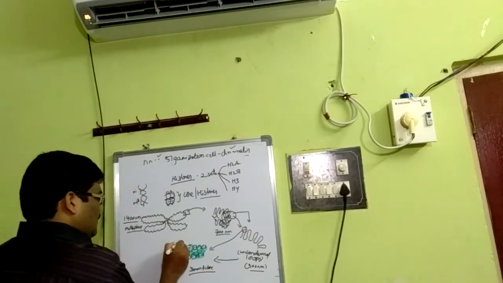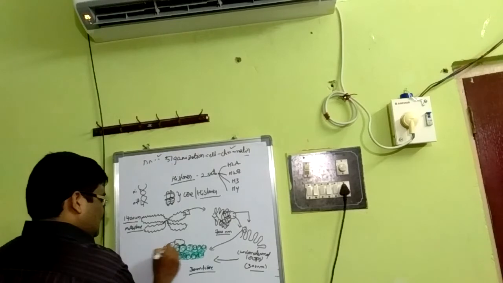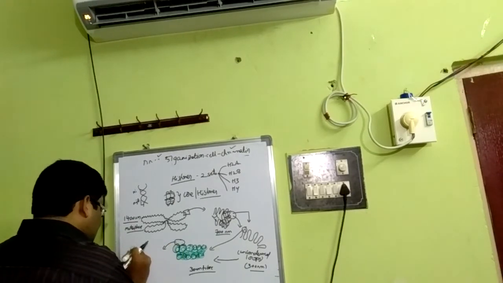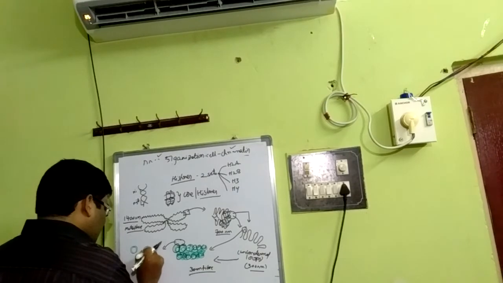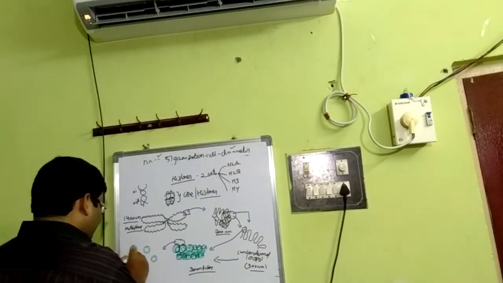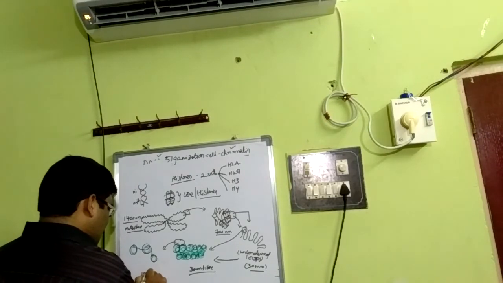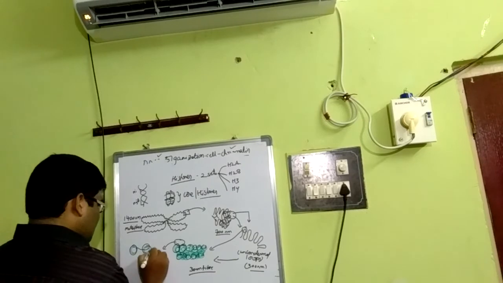Then, if we magnify this, it leads to individual nucleosome units. This is the 10 nm fiber. They are called nucleosomes.